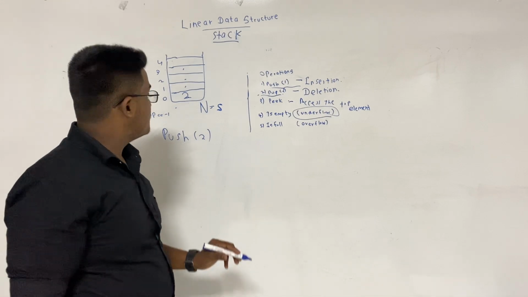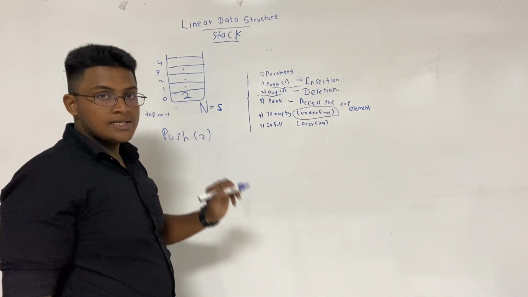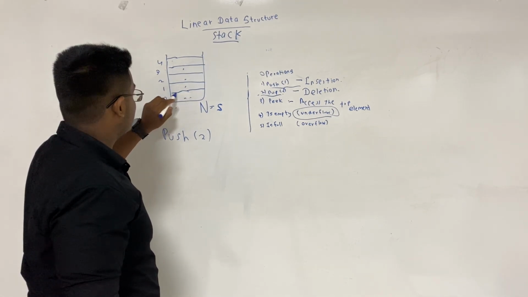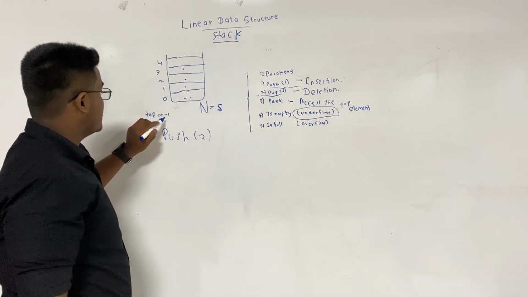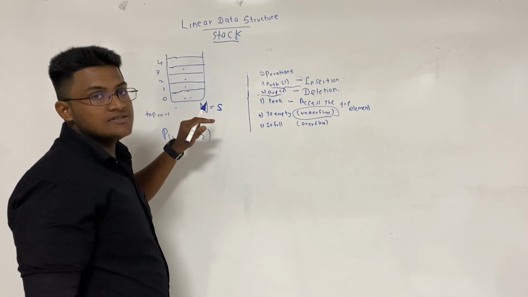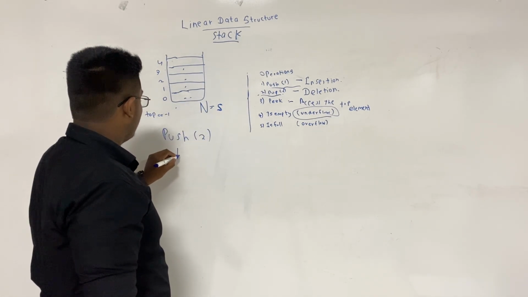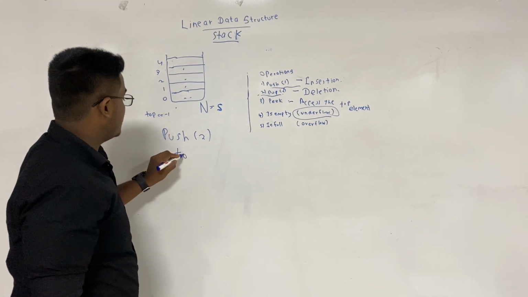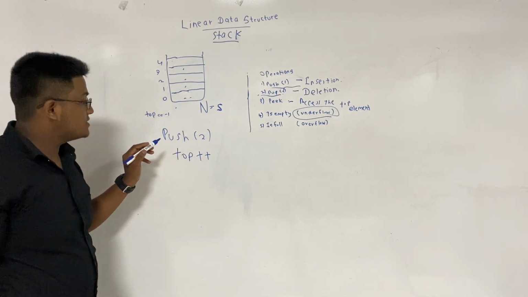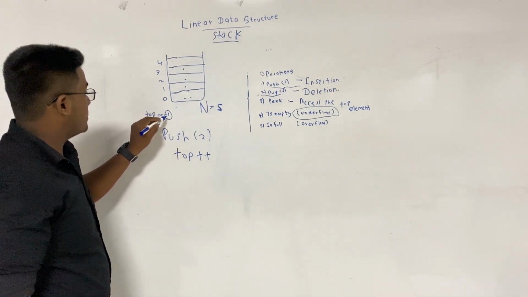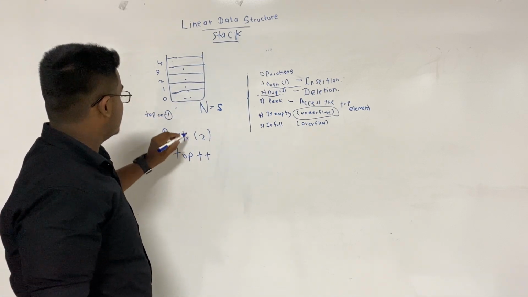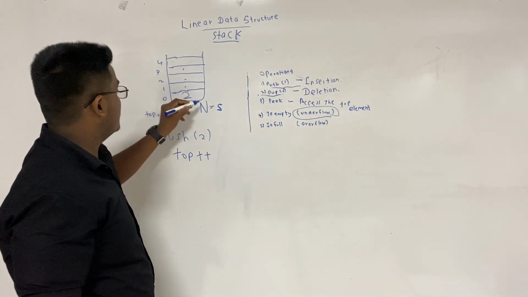Earlier I said top is equal to -1. So when 2 is not there, top is equal to -1, and then we are going to push 2. That means insert 2. Then we do top plus plus. Then -1 becomes 0 because -1 plus 1 is 0. Then after that 2 is coming here.